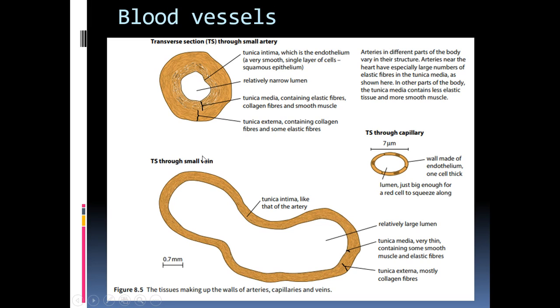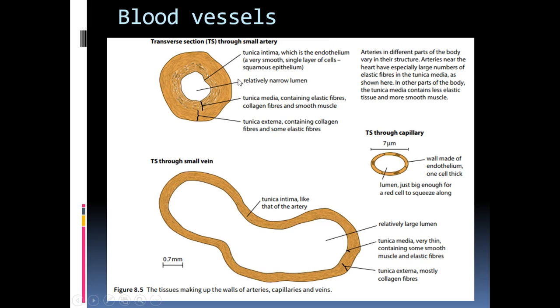The three layers are the inner endothelium, also known as tunica intima, and this layer is made up of flat cells known as squamous epithelium. The layer is very smooth in order to minimize friction with the moving blood inside the lumen.